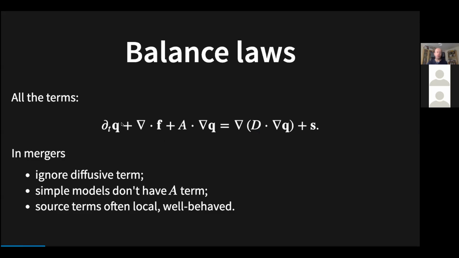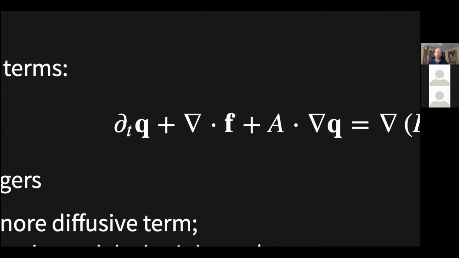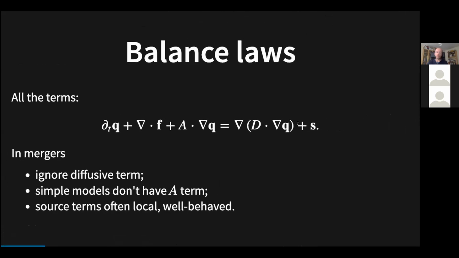We've got our standard balance law terms, so the time derivative of whatever quantities we're evolving, usually linked to energy and momentum, is balanced off by the gradient of the fluxes. But there may be additional pieces that can't be written in conservation or balance law form. So we'd have a matrix A contracted in with the gradient of the quantities themselves.